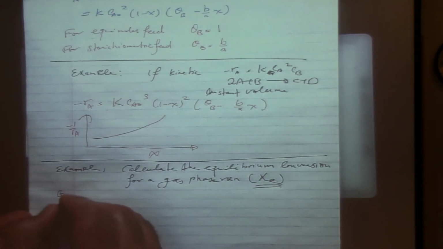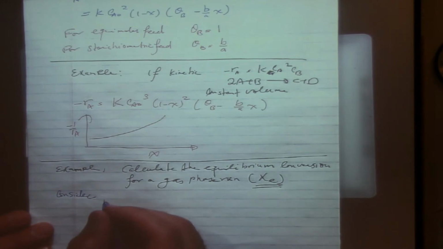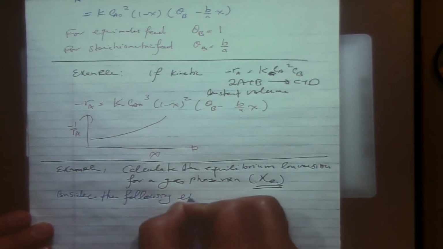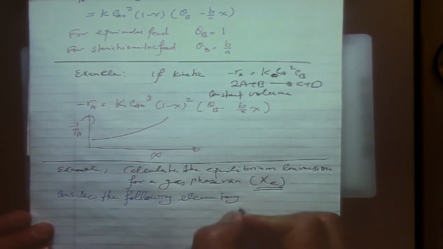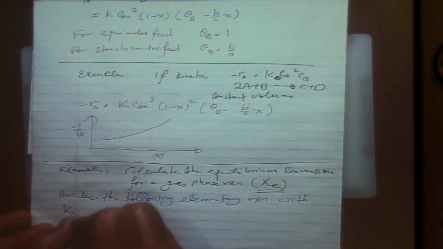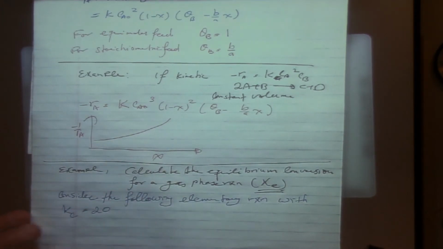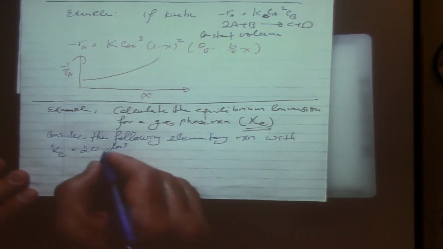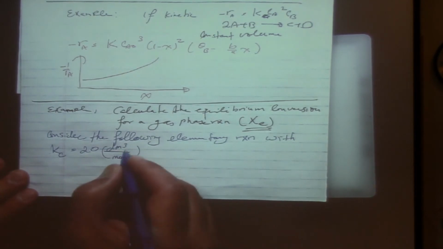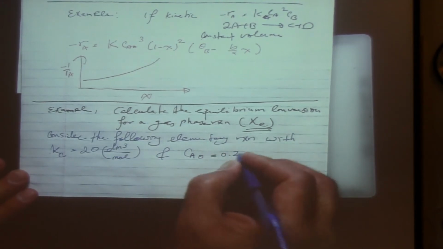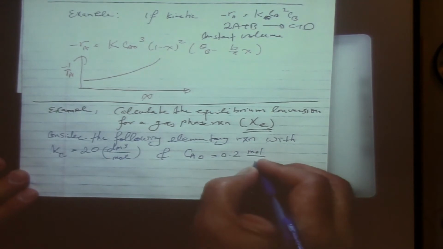So the data: consider the following elementary reaction with Kc equal to 20 dm cubed per mole, and CA naught is 0.2 mole per dm cubed.